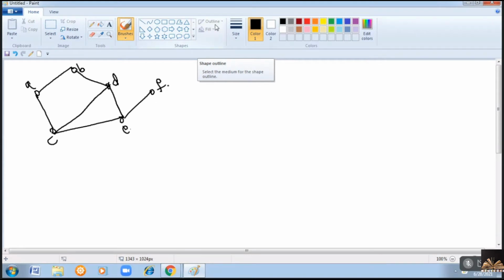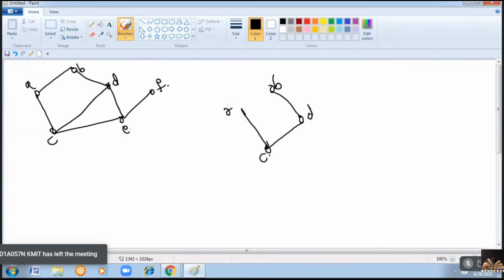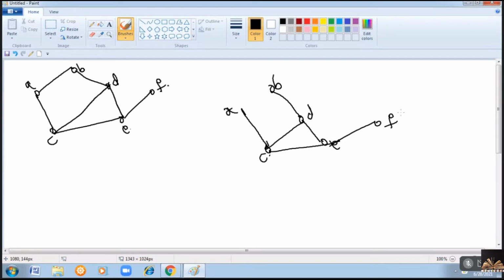So in this graph, if you remove AB, what will happen? You will get a graph like this. Is it a disconnected graph? When you remove A comma B, you'll get a graph like this, but it is not a disconnected graph.